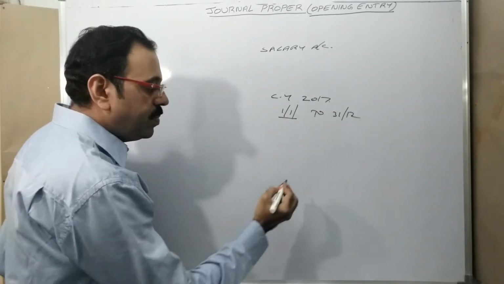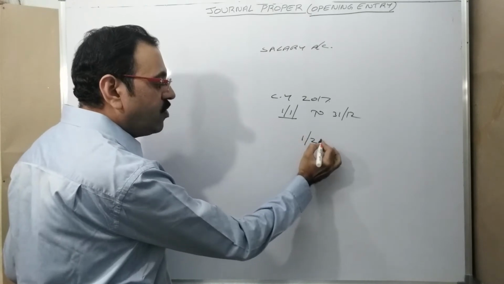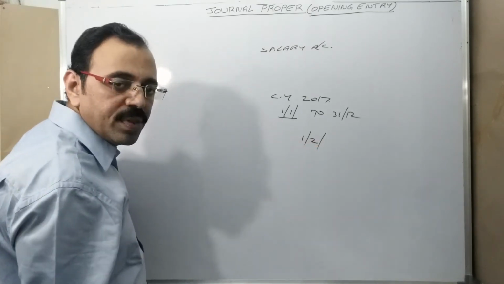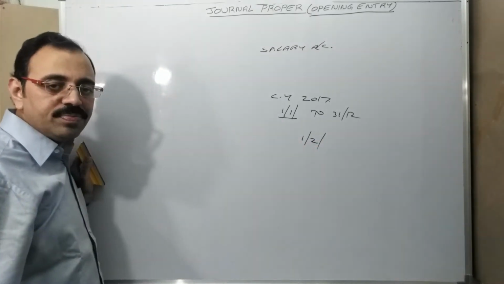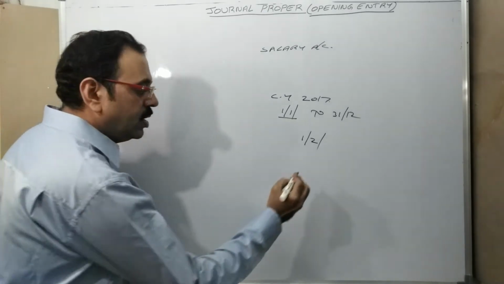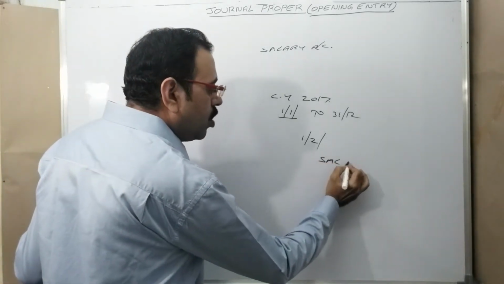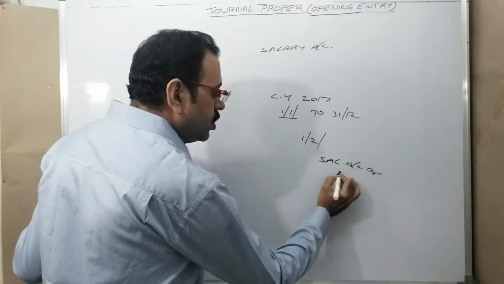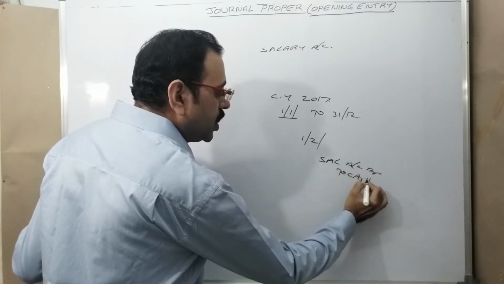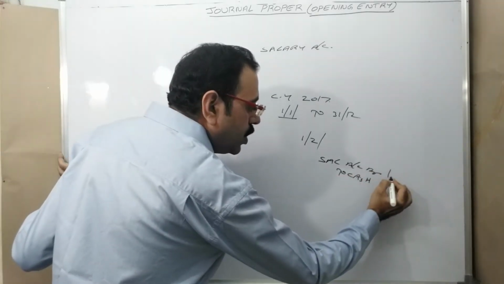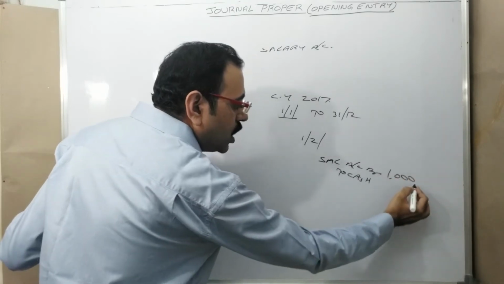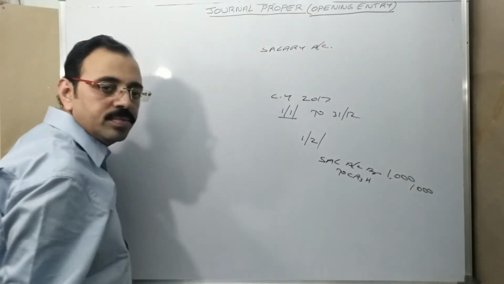Assume we are paying on 1st February. When we pay the salary, what will be the entry? Salary account debit to cash account. For example, the salary amount is 1000 rupees.